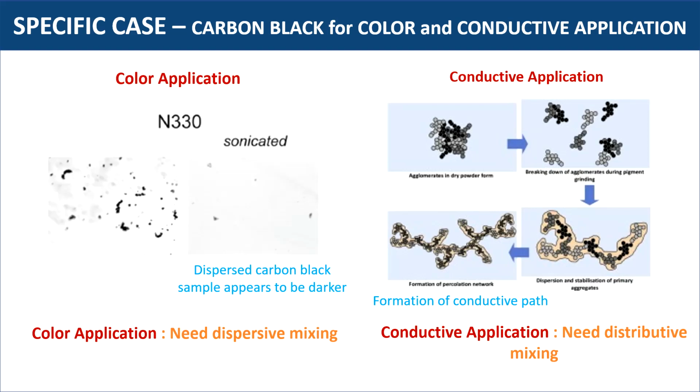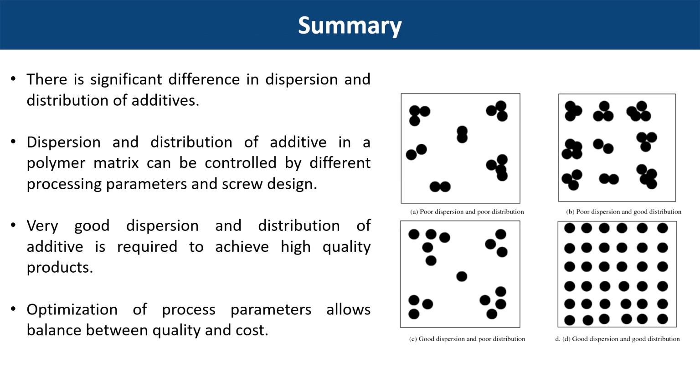Also, in some other cases, like for shear and temperature sensitive additives or to minimize resin degradation, we may need to customize the mixing process to achieve either higher dispersive or distributive mixing. In summary, we can say that there is a significant difference between dispersion and distribution of additives in a polymer matrix, and both are important to develop high quality products.